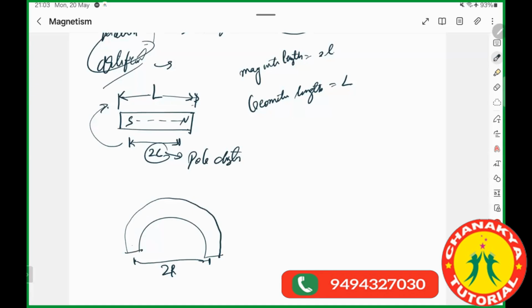From this point to this point, means south to north, let it be a horseshoe magnet or bar magnet, whatever it is. Generally, these are almost equal.